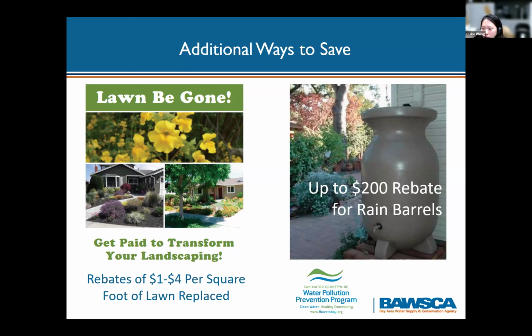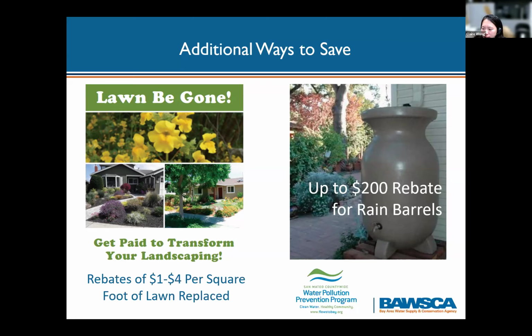Basca has a newly redesigned landscape rebate program, which provides rebates to customers of participating water agencies for replacing water intensive lawn space with water efficient landscaping.